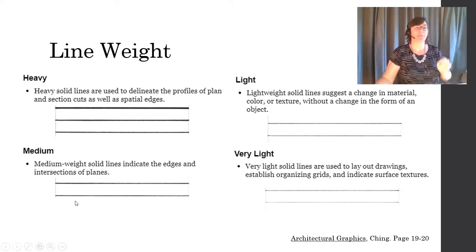Your medium lines, these are going to kind of be most of your lines, will indicate the edges of your items. And we got your heavy solid lines. In technical drawing, those are going to be the items that you cut through. They're going to be profile lines, and they're going to be your most important edges.